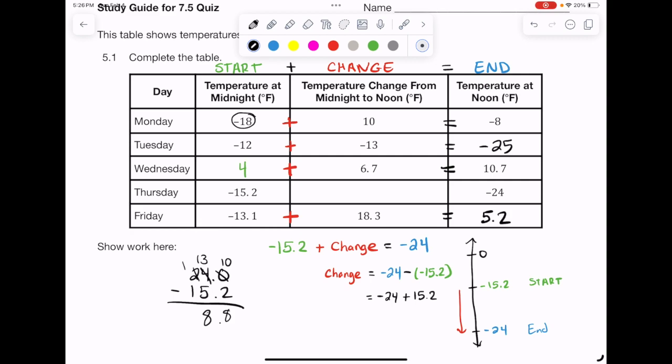And then we get 8.8. But since the 24 has a greater absolute value, it's bigger than 15.2, and that negative 24 is negative, we're going to actually be going down, negative 8.8.